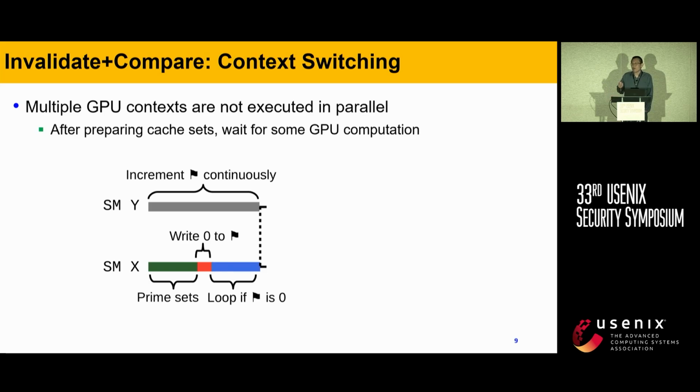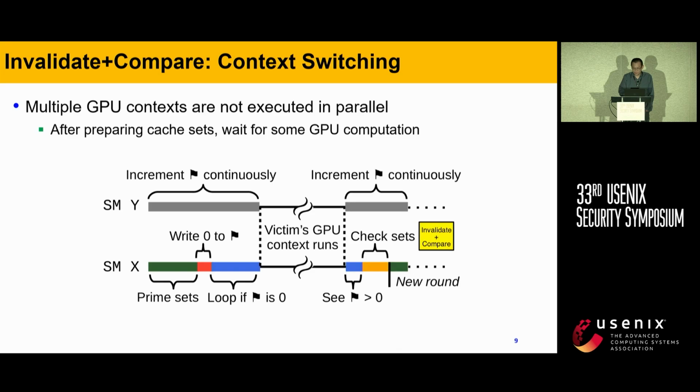But due to L1 incoherence, the flag will stay at 0 unless it is invalidated in L1 and fetched from L2. Now, L1 auto-flushing comes into play, which is triggered by GPU context switching. So when the context is switched back, the spy SMs will break out of the loop and proceed to check the cache sets.